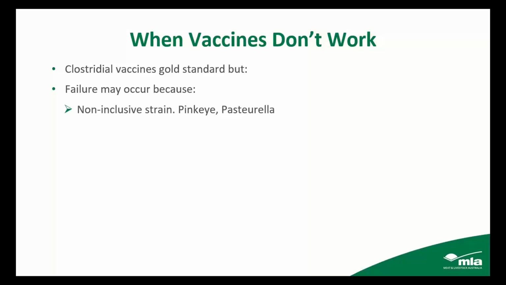So failure can occur for a whole host of reasons. Firstly, you might have a non-inclusive strain of the bug that's causing a problem. So the pink eye vaccine, I think, has 8 or 9 strains. That's not all of them, not by a long way.